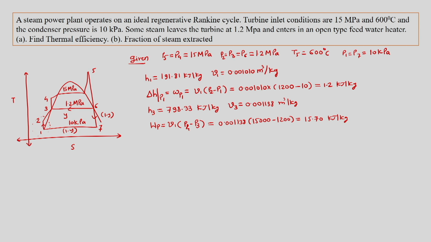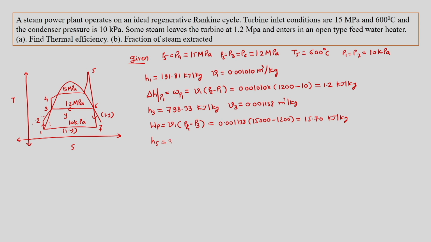Now, we can go into the steam table and find H5, the enthalpy at station 5, and that H5 is 3583.1 kilojoule per kg. We know at 5 we have 15 megapascal pressure and 600 degrees Celsius.